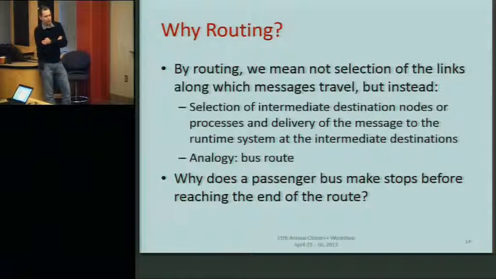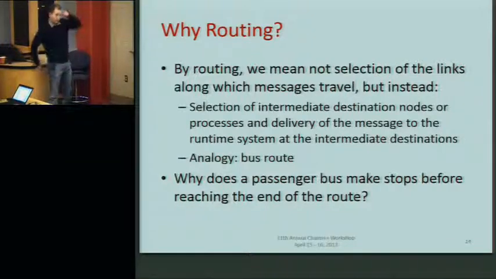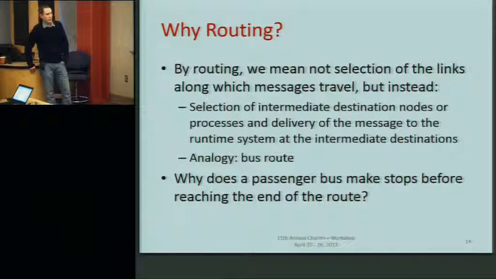That is, we will be selecting intermediate destination nodes for each fine-grained data unit that needs to be sent. And at these intermediate destinations, we will be recombining the particular data units in order to improve aggregation. And the best analogy I found for this is actually going back to the public transportation bus.